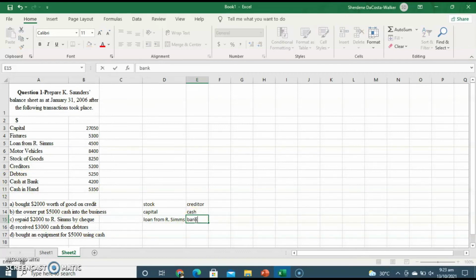So that's bank. Now, what is happening to loan? Since I owe R. Sims money, once I pay him, it means that I will not owe him as much anymore. So from the $4,500, I'm going to minus the $2,000 because I paid him $2,000 out of the $4,500. So now I will owe him $2,500. So that's decreasing the loan amount.